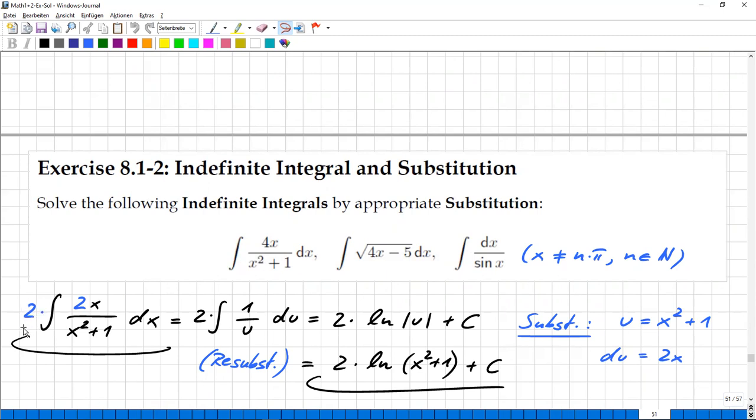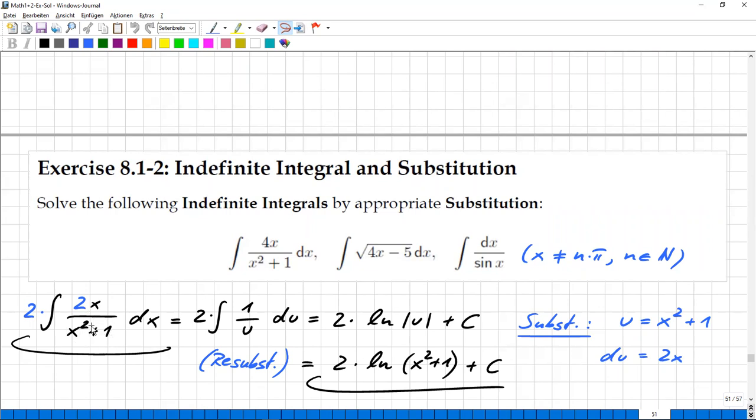This is a step that I can always perform, because constant factors are not affected by the integration, as you know, right? So if I say this is 2 times 2 times x in the numerator, one of these factors outside, and looking here, I see this is exactly the derivative of the denominator term.